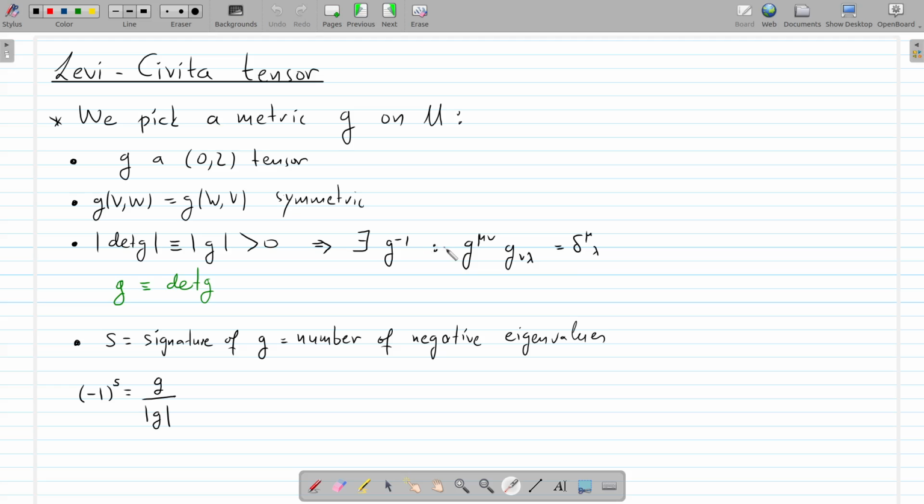Another property of the metric that has to be considered is the signature of the metric. Since the metric is non-degenerate, its eigenvalues are non-zero, and it can be shown that the number of negative eigenvalues does not depend on the choice of coordinates. So it is something that characterizes the metric, and it's called the signature of the metric.